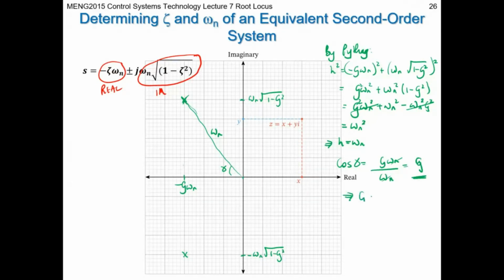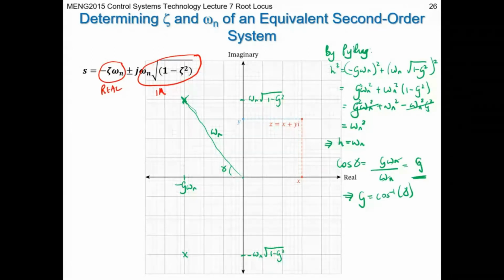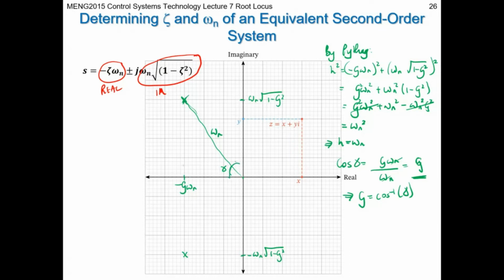So if we want to find the damping ratio of our system, we can take the angle, starting from the real axis and going in a clockwise direction, and then take the cosine of that angle, and that will give us the corresponding damping ratio.